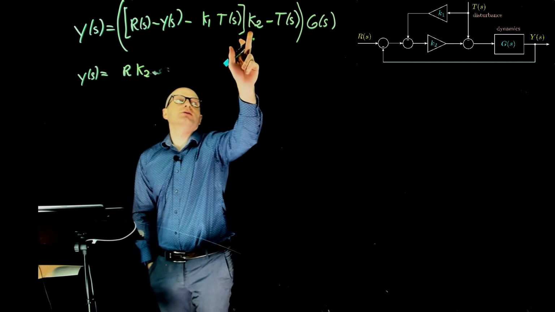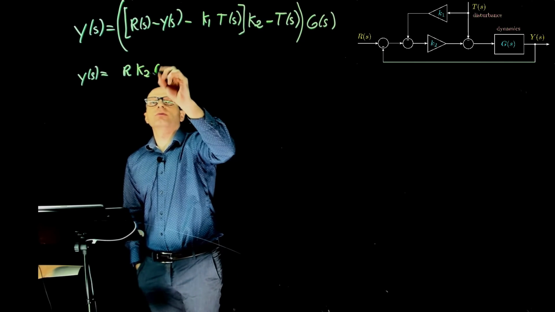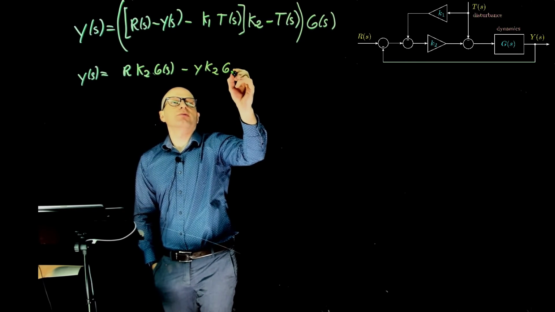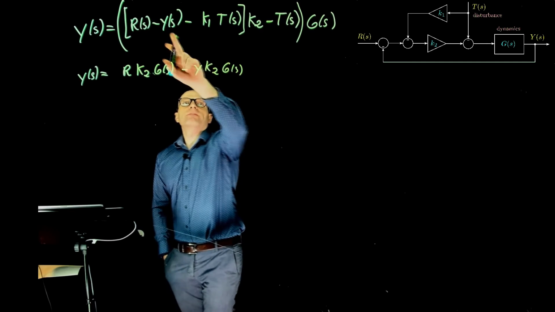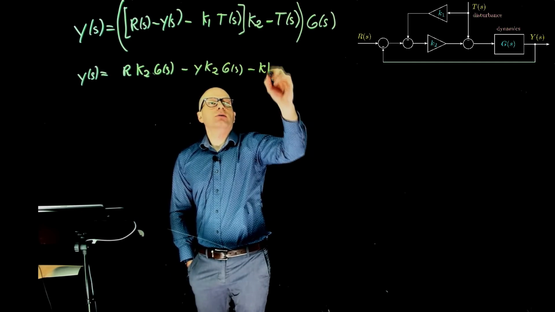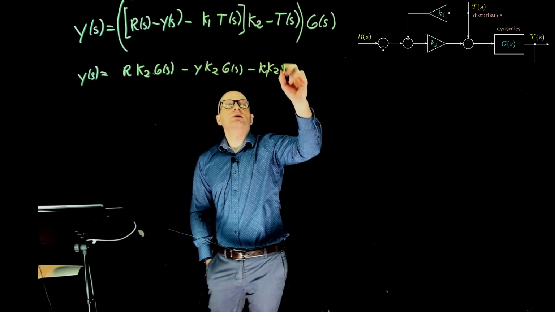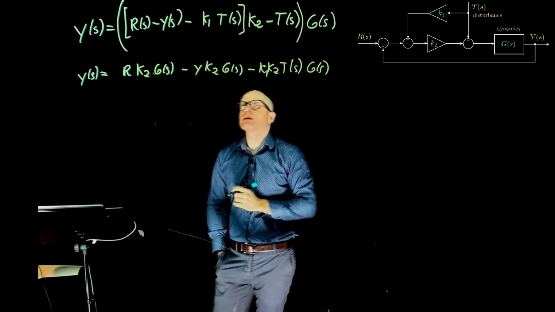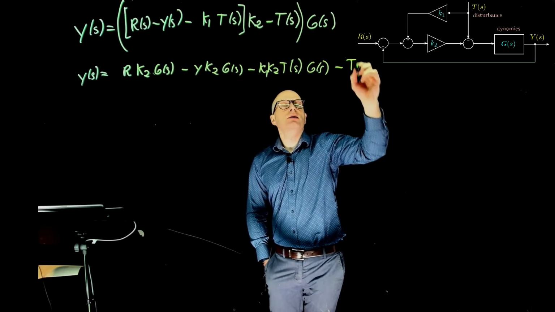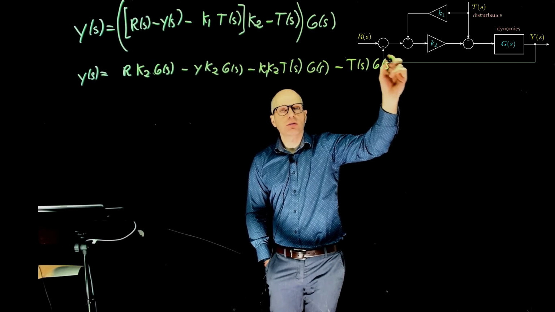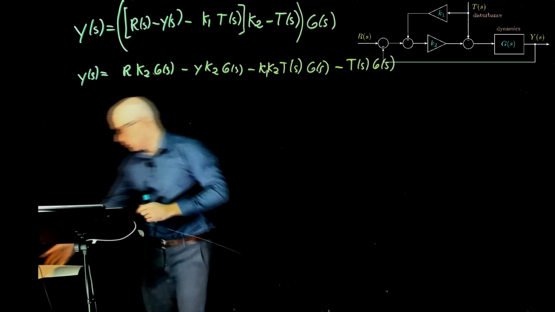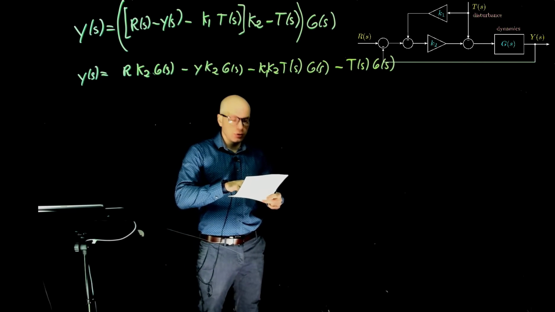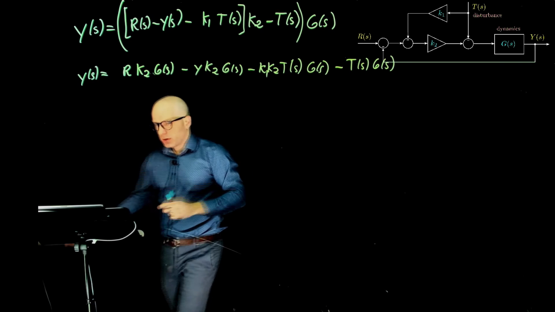So r times k2 times g of s minus y times k2 times g of s minus k1, k2, t of s, g of s. I ended up just writing the s again. And minus t of s, g of s. Let me check my calculations here just so I don't make any mistake. Okay, so just multiplying this out.